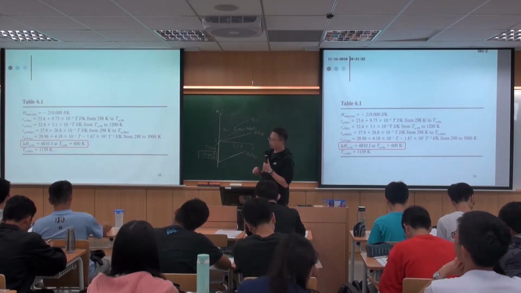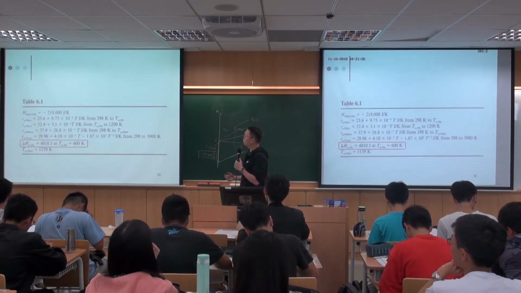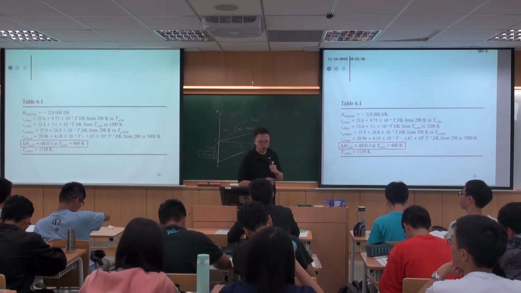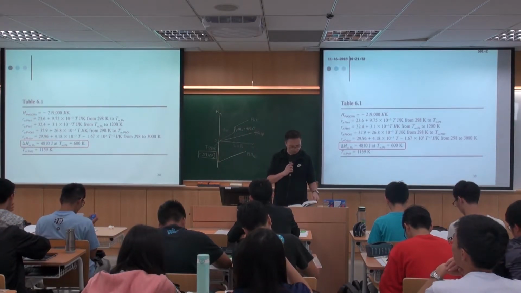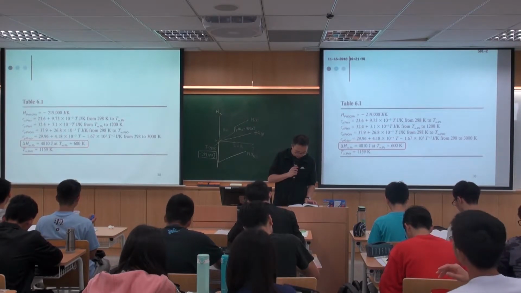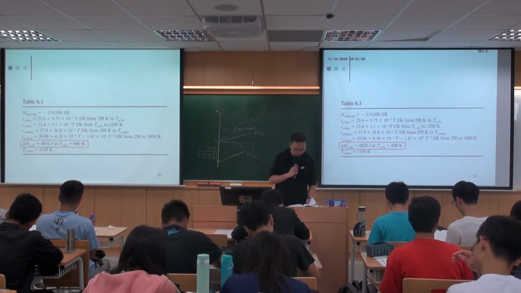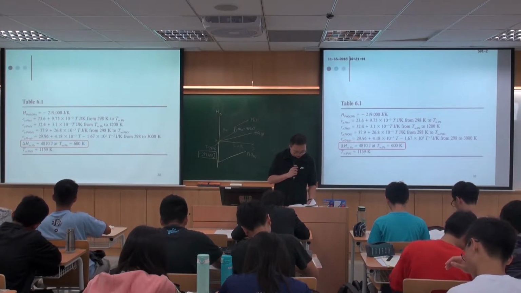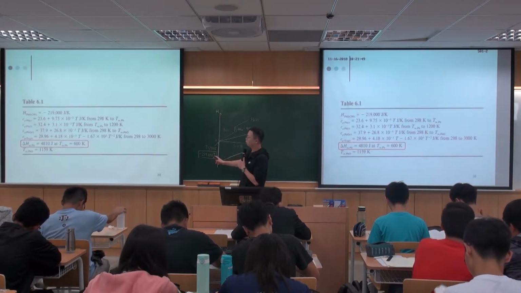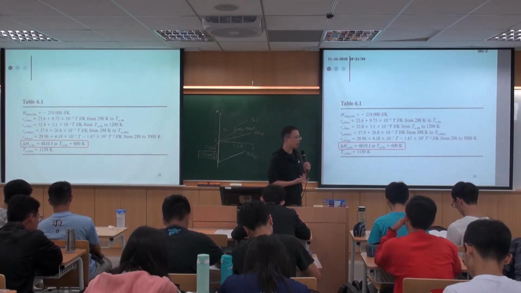So the first thing that the textbook tells you is that for lead oxide at room temperature, the formation heat is minus 219 joule. I think it should be joule instead of joule per Kelvin. So if you are reading the textbook, please make sure that you change that to joule instead of joule per Kelvin, because joule per Kelvin is the unit for entropy.